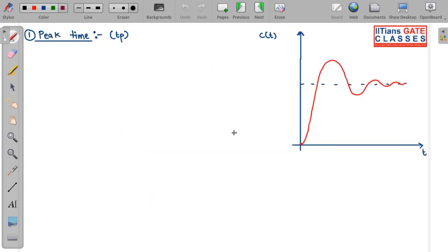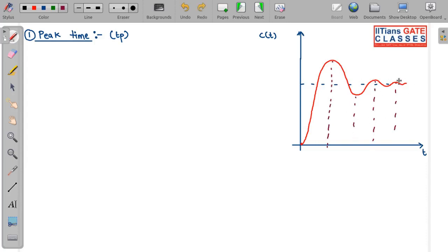So now let us see one by one what the time domain parameters are over here. The first we have is the peak time. Peak time is the time at which your response has either a maximum value or a minimum value. Maximum values will be over here or over here, and minimum values will be at the undershoot.